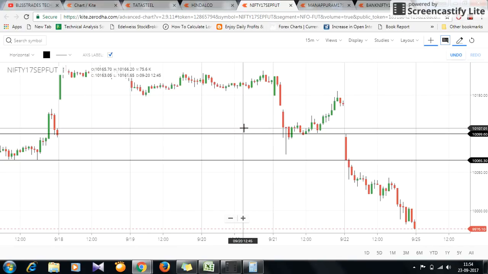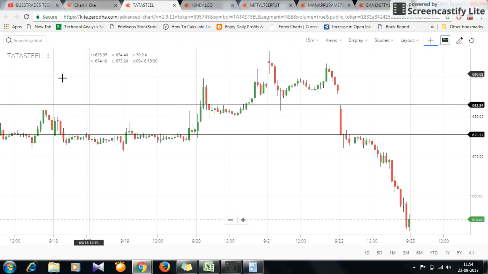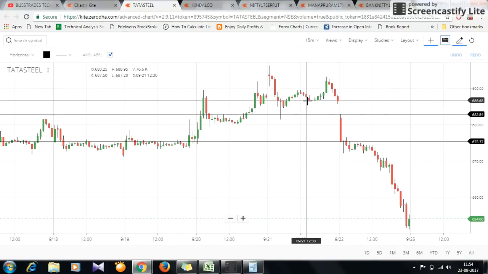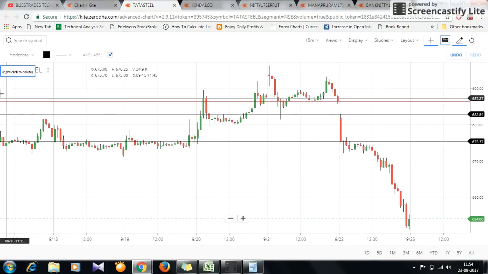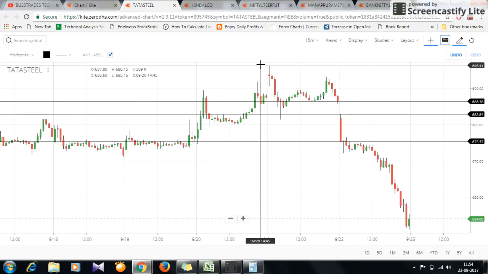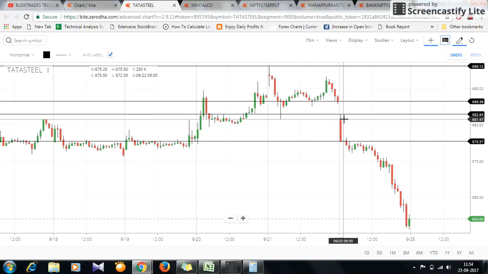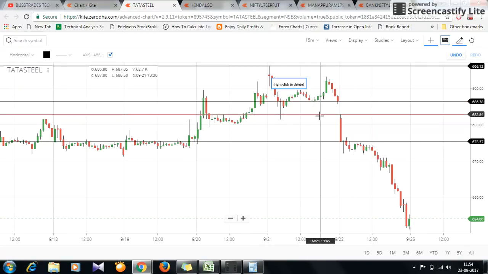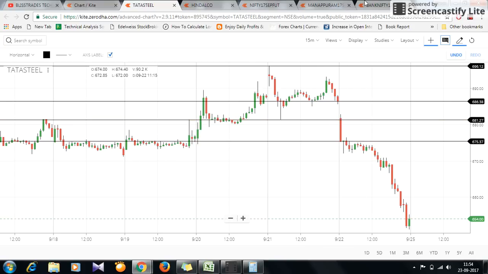Now, the same strategy can be applied for stocks also. So, for example, Tata Steel. For Tata Steel on 21st, the PDC was around this point, and we also have the PDH here. So on this day again, the price opened below PDC and below PDL again.